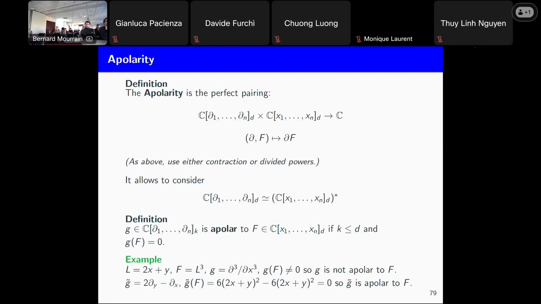So, an example: I take this linear form, and F is L to the cube, this linear form to the cube.